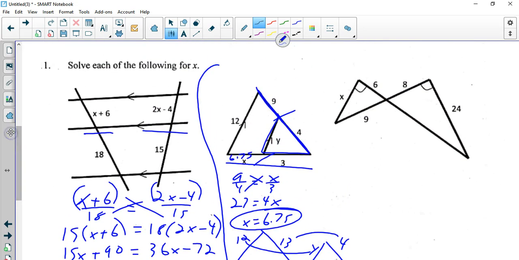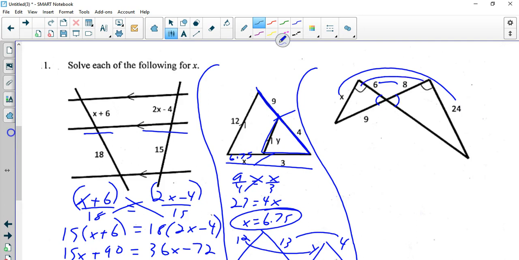And last, but certainly not least, 6 corresponds to 8. X corresponds to 24. Now, how do you know these are similar triangles? We have vertical angles right there, and we have matching 90-degree angles.